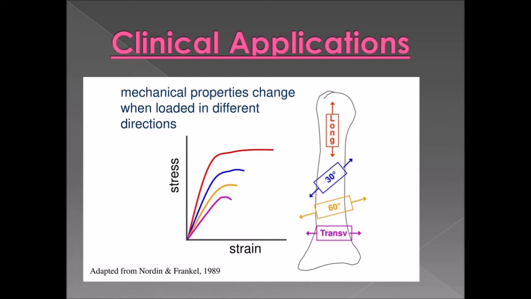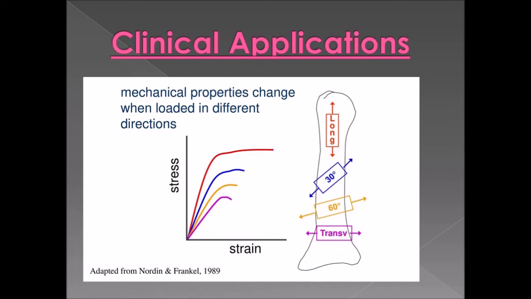But compared with the red line, the longitudinal loading, when the load is applied longitudinally the bone shows elastic behavior, then shows its plastic behavior, that is, before reaching its ultimate failure point the bone is deforming very much and then it goes to its failure point.